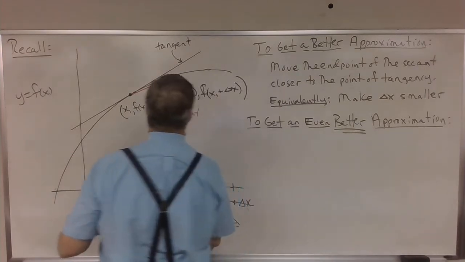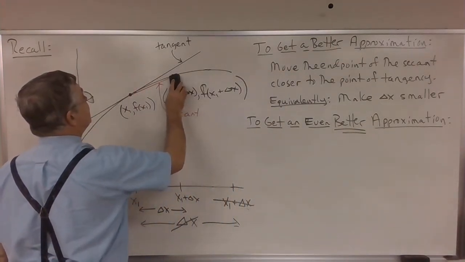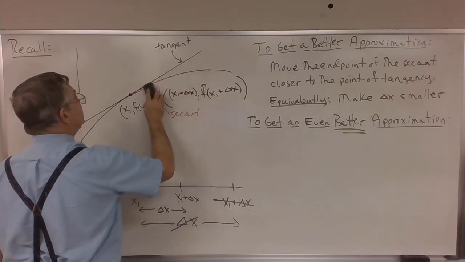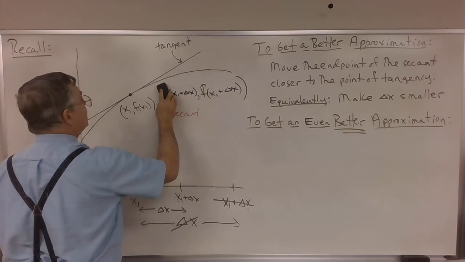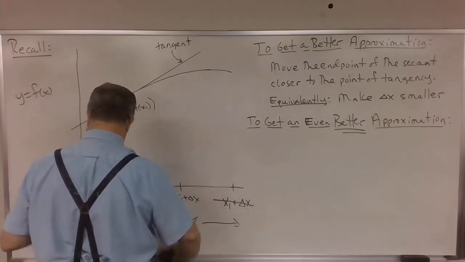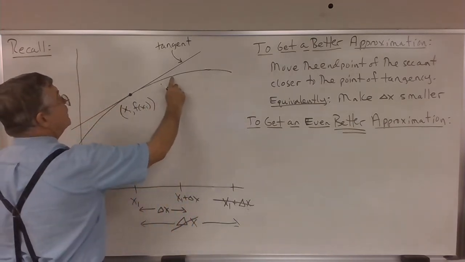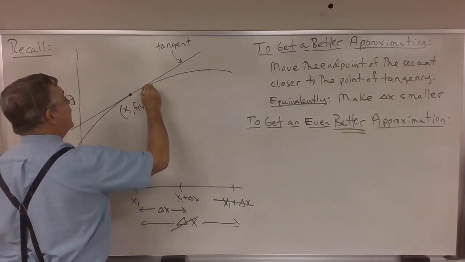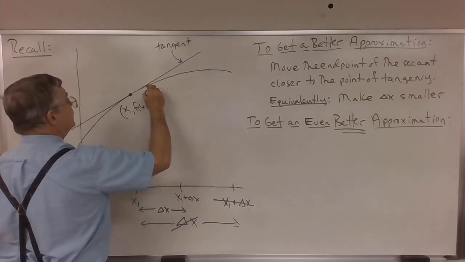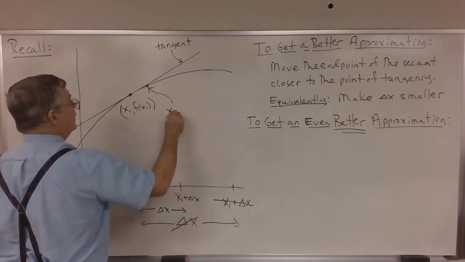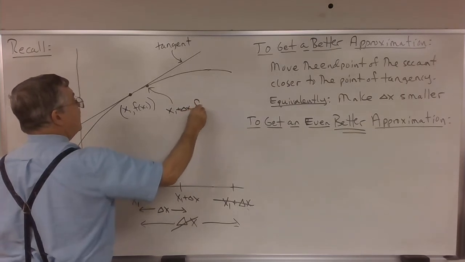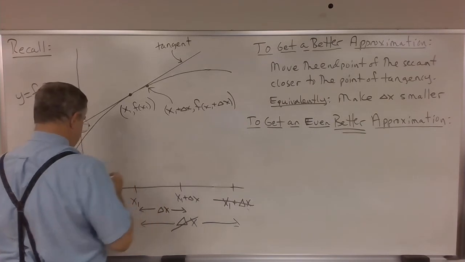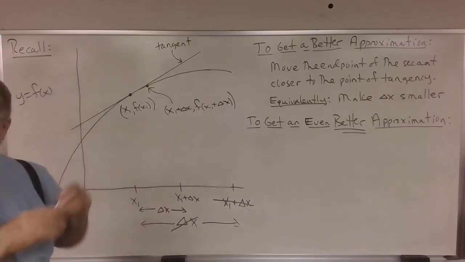I think I am going to do that, because it looks like a good idea. I'm going to take the end point of the secant, which was right here, and now I'm going to put it right here. So here's the point, x of 1 plus delta x, f of x of 1 plus delta x. And let me draw the secant.